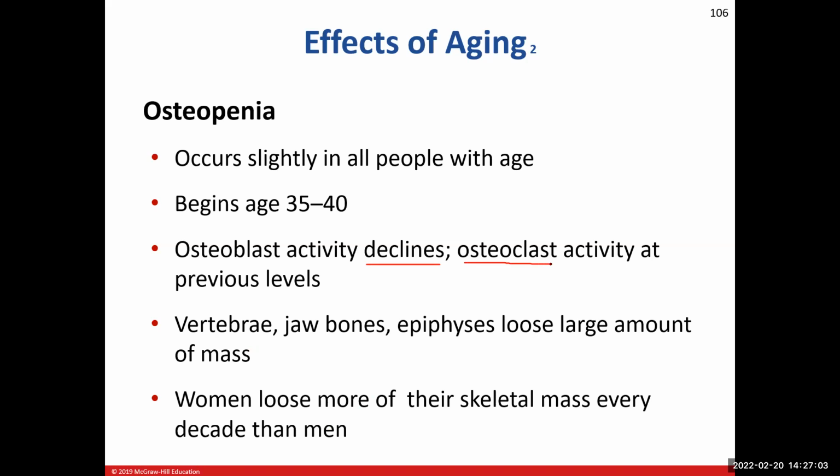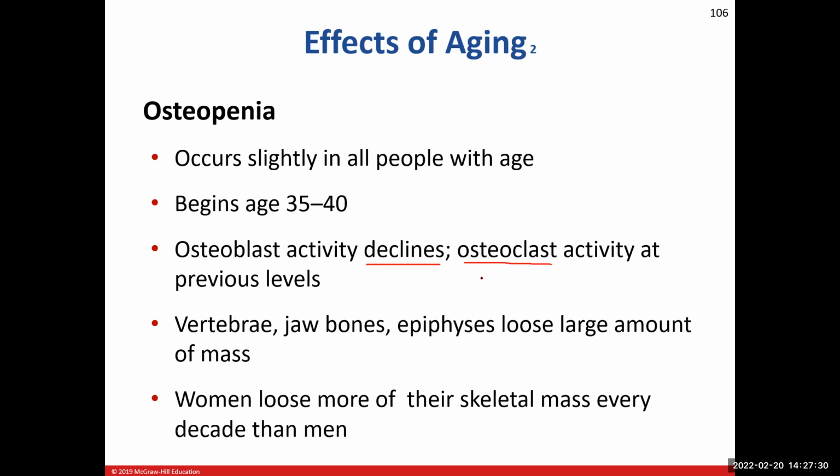So bone resorption is going on at the same levels as it has been before. And so we'll start to see large amounts of bone mass decrease. Unfortunately, we see this more in women than we do in men. A lot of that has to do with hormone levels.